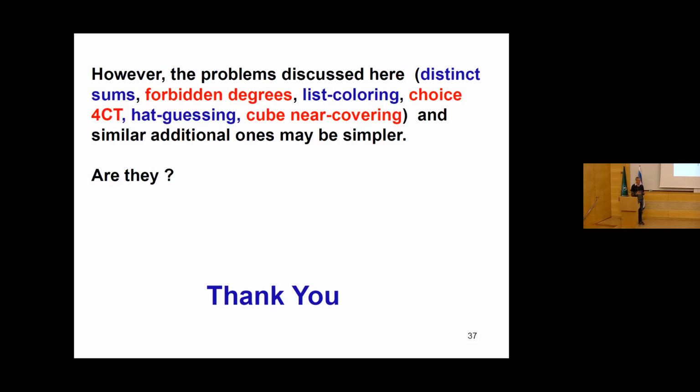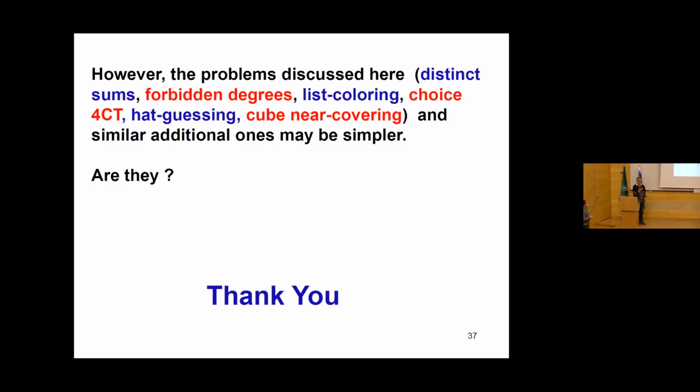It can be 5. This was proved by Carsten Thomassen. This proof was combinatorial, but there is also a proof by Xuding Zhu using this polynomial approach. In general, for planar graphs, the list coloring is always shifted by 1. For example, the list chromatic number of every bipartite planar graph is at most 3, although the chromatic number is 2. And this we proved in this paper with Tarsis.